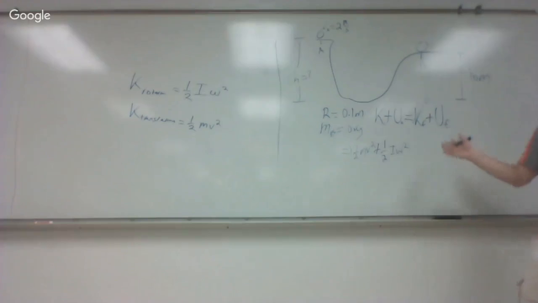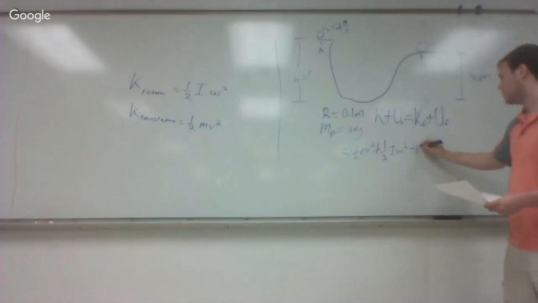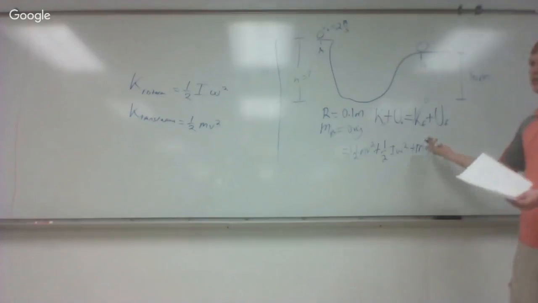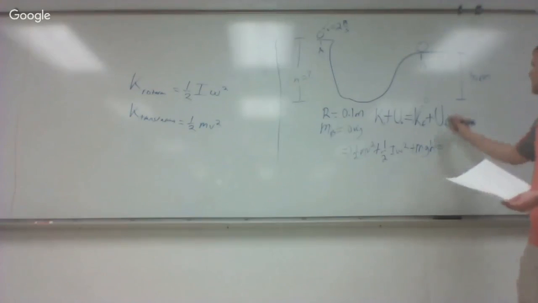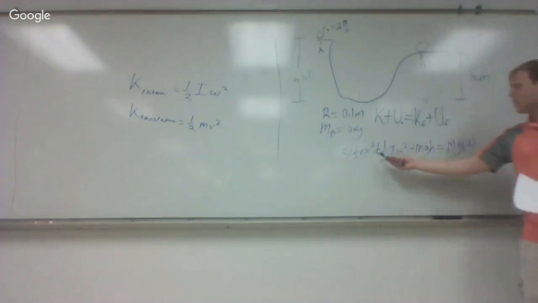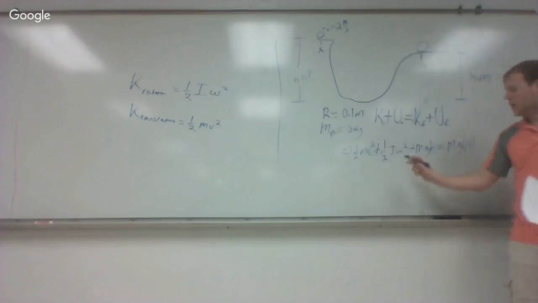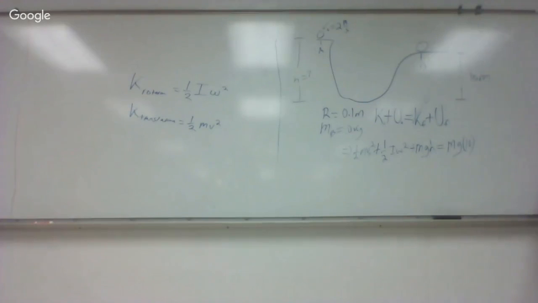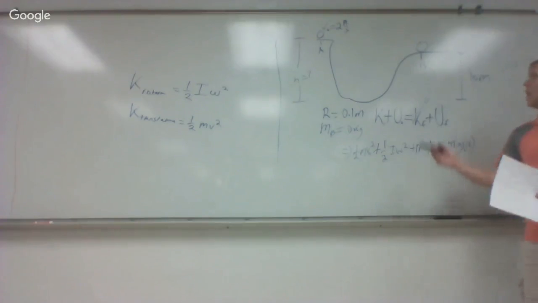To solve, since the object has rotation, that means it has to have rotational energy, plus equals over here. M. So we have an initial velocity. Right? We could use 0.1 meters.